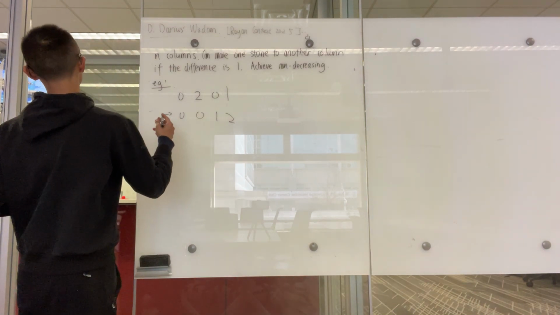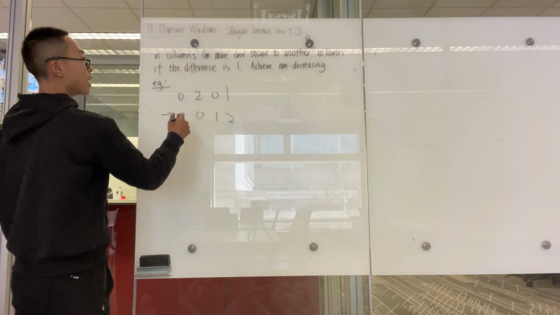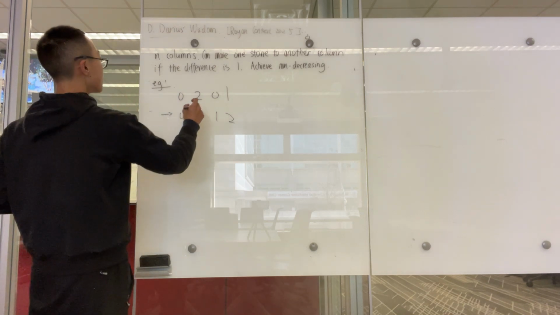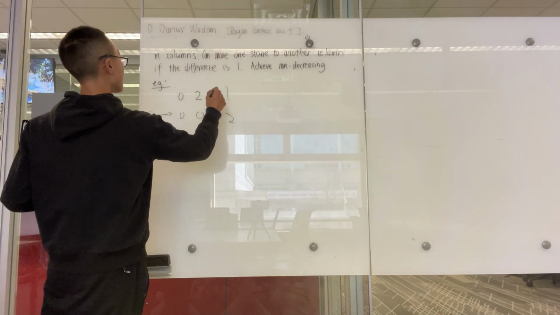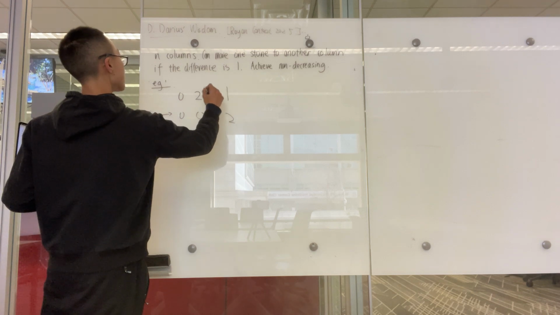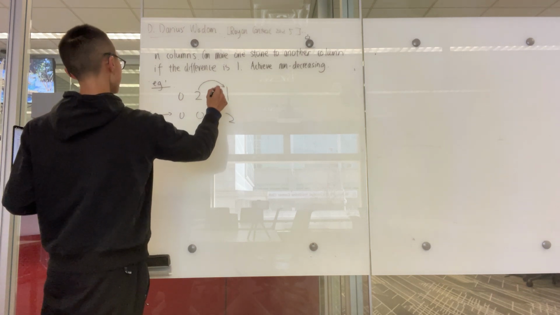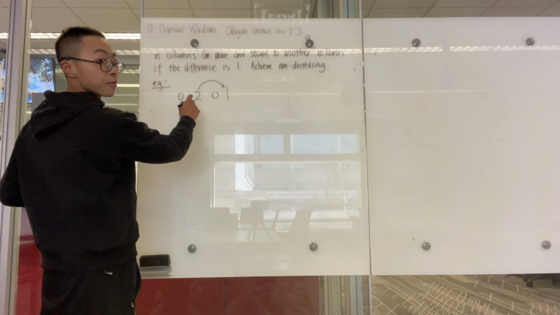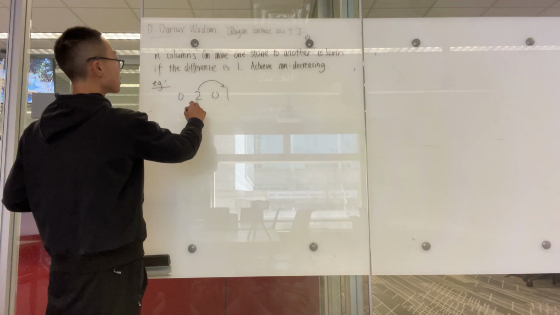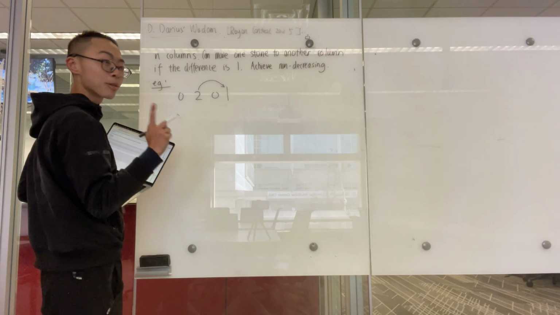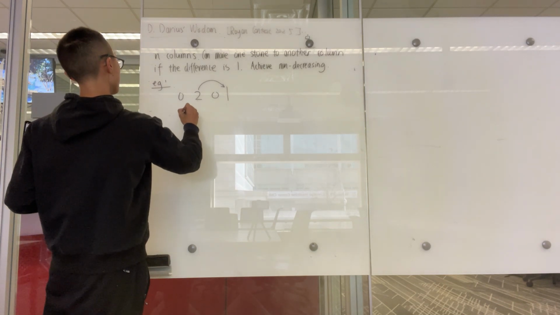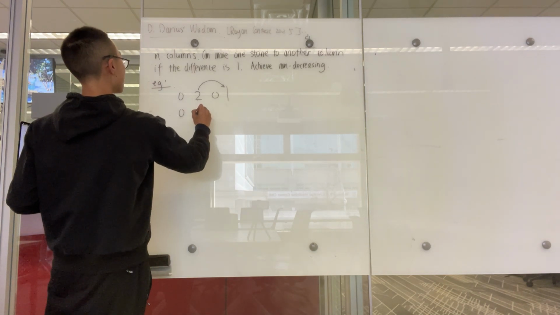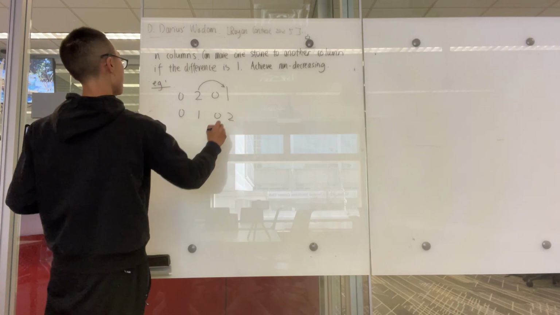You can see that you can shift one stone from 2 to 1. So the first move is shift one stone from 2 to 1 because their difference is exactly 1. This will give us 0, 1, 0, 2.